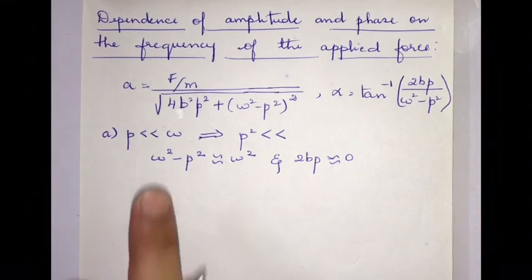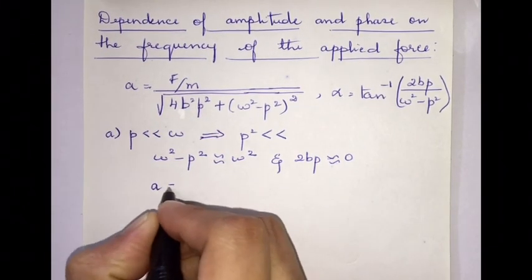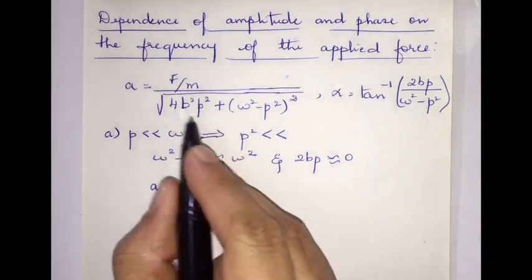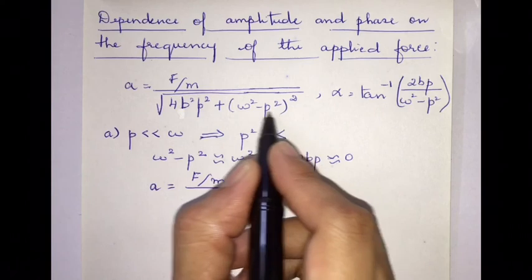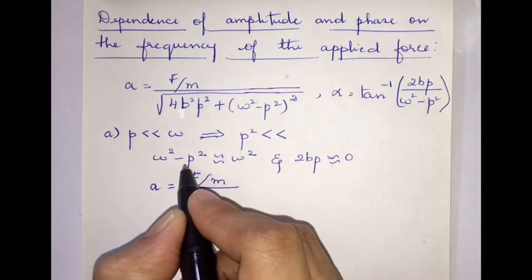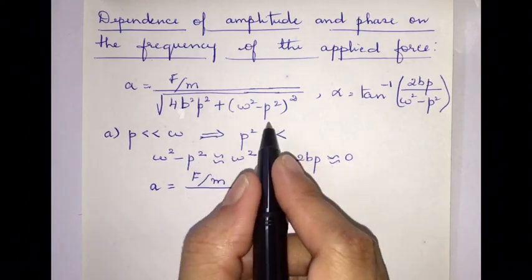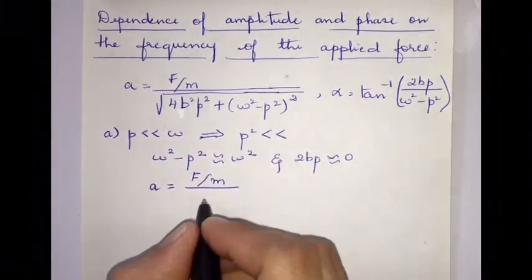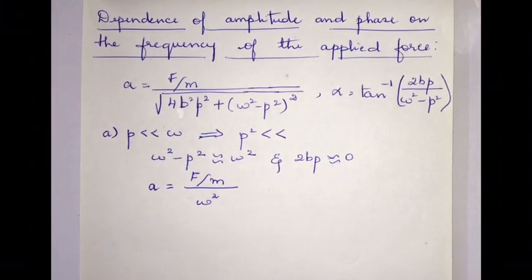So the amplitude equation will change. A is equal to F by M, and here omega square minus P square is equal to omega square, so the square root of omega square whole square will be omega square.